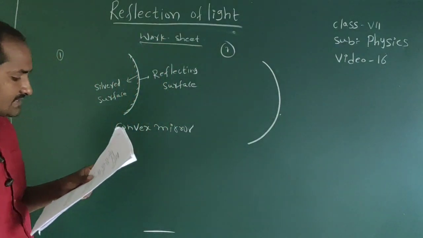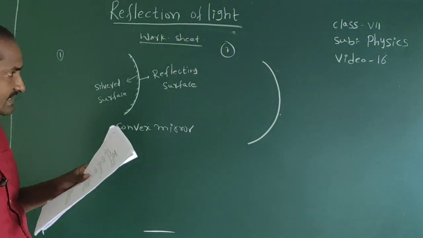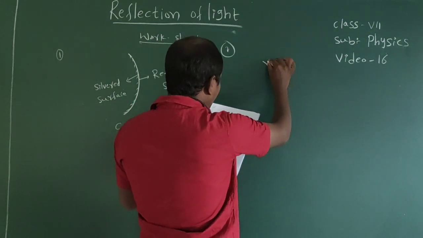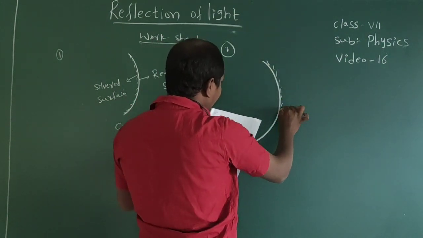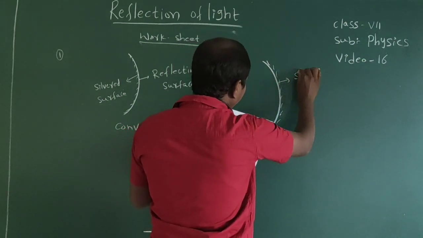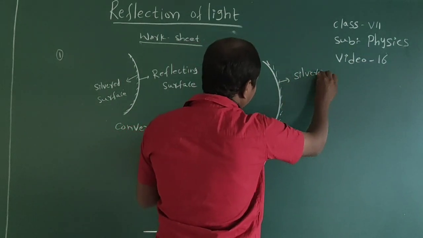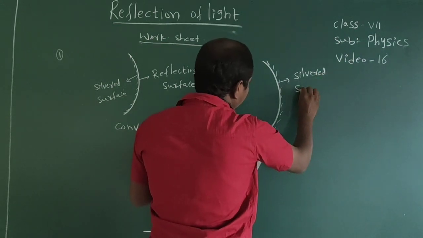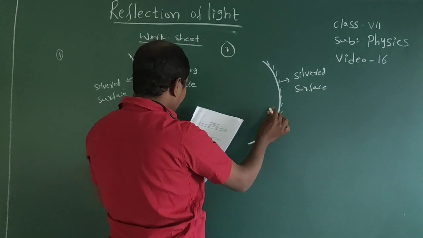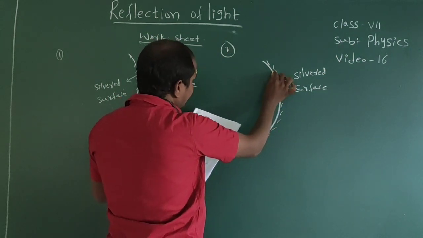If a convex surface of a spherical mirror is silvered, it means it is a silver surface.